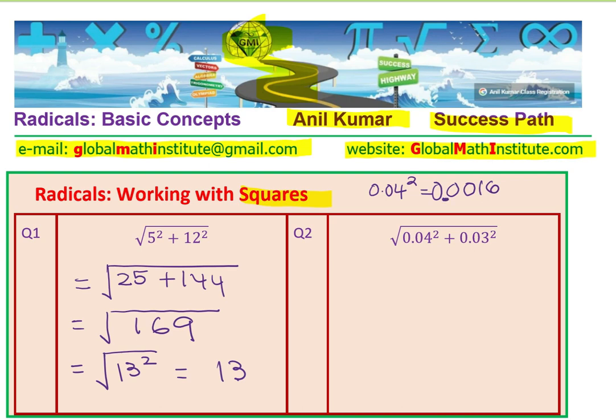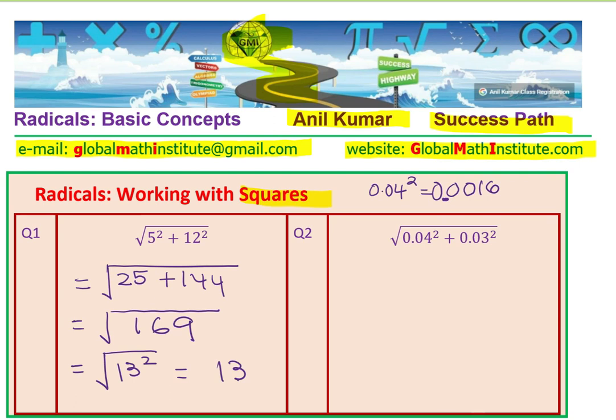Actually, it is 0.0016. You get the idea. So when you multiply 0.04 with 0.04, you are expecting 4 decimal places. You can do the same thing for 0.03 square and get your answer. So pause your video, please, and get your answer.